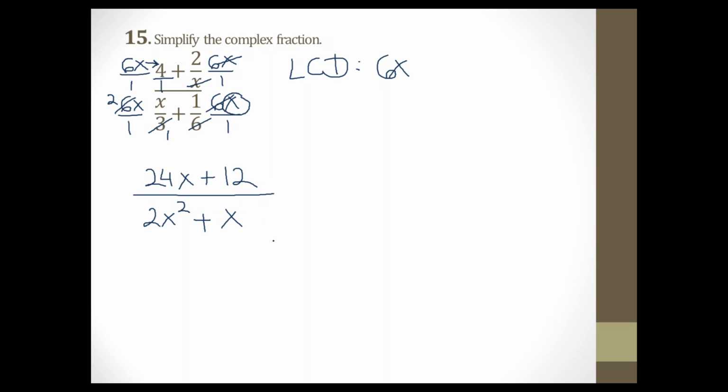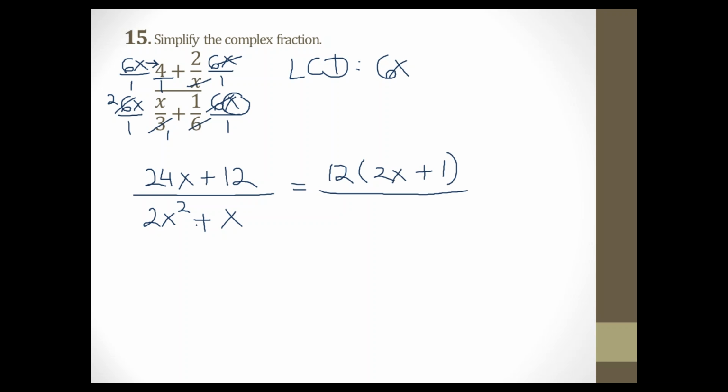Okay, I may not be done because maybe there's something else I can simplify. So let's try to factor a little bit top and bottom. I'm going to factor the top by pulling out the greatest common factor. Both of these terms have in common 12. And dividing out a 12, I'm left with 24 divided by 12 is just 2x, and then 12 divided by 12 is 1.